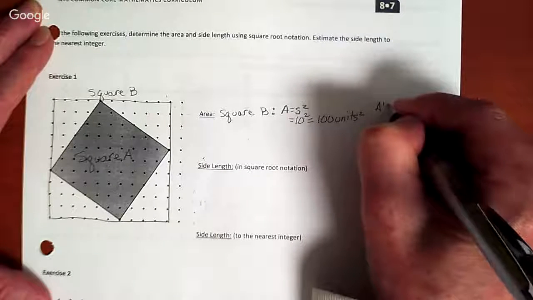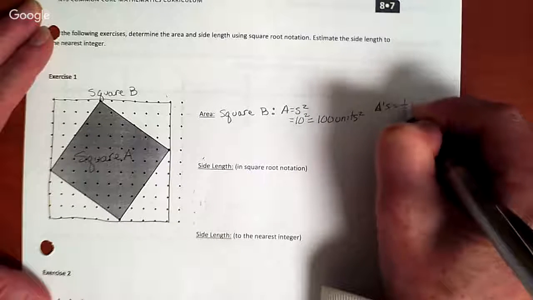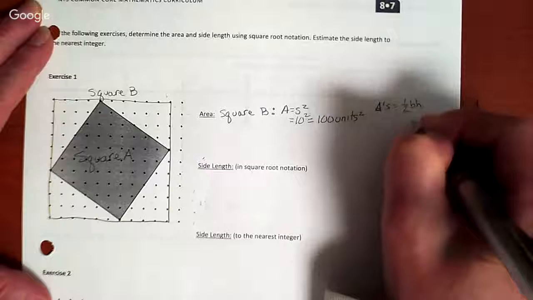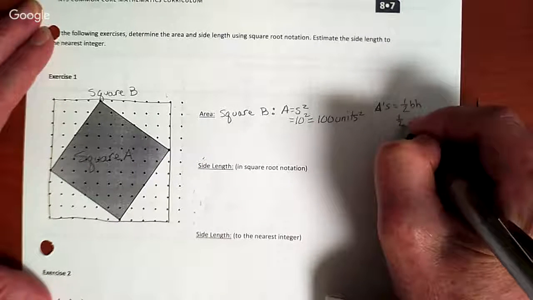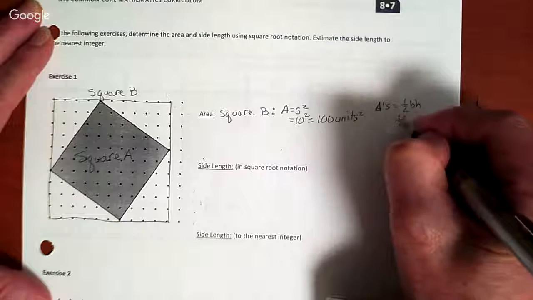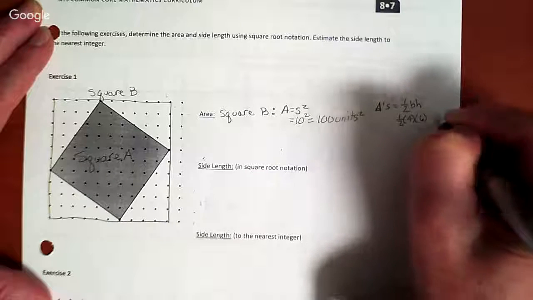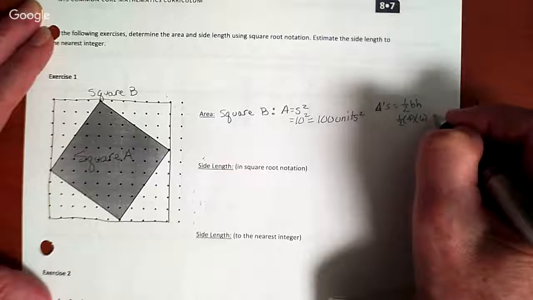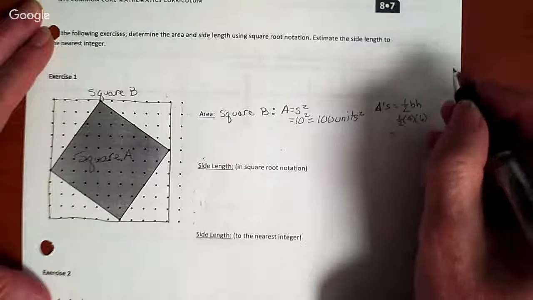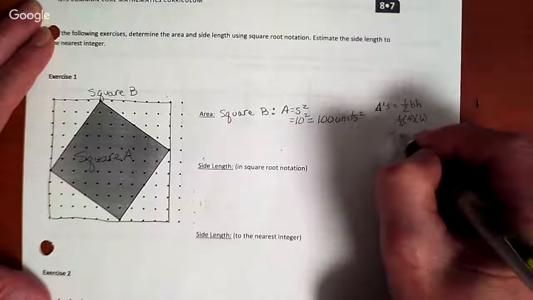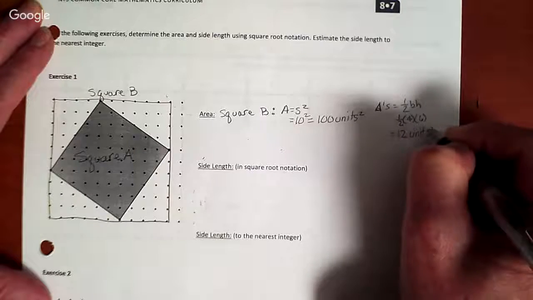Triangle. One half base times height, which is 1/2 times 4 times 6, which equals 12 units squared.